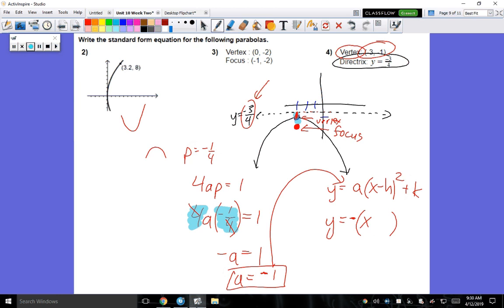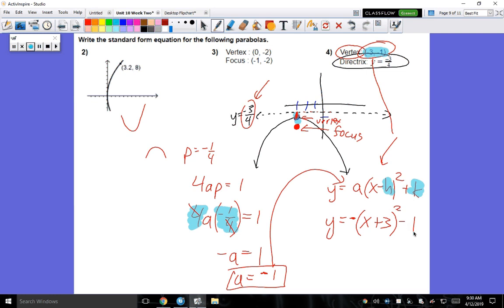And now we're just going to use our vertex, which is right here, -3, -1, to fill in H and K. So in parentheses, I'm not going to put this -3, I'm going to put the opposite interpretation, and this -1 is going to be just as you see it. That's that x, y, 5 method that we've discussed.